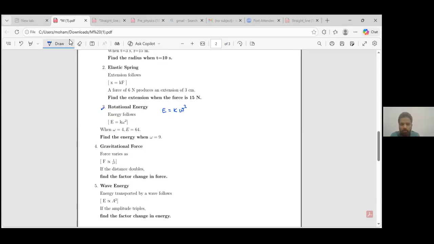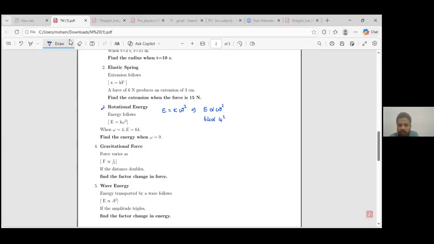So in other words, E is proportional to the square of omega. Now we can substitute. When omega is 4, E is 64. So 64 is proportional to the square of 4.